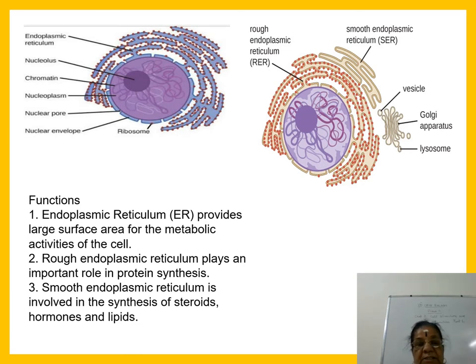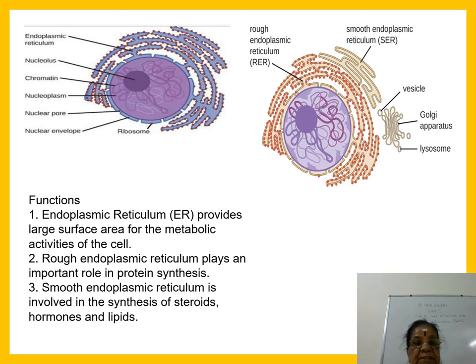So what are the functions? This endoplasmic reticulum provides large surface area for the metabolic activities of the cell. And rough ER, in short, rough ER, smooth ER, the SER.